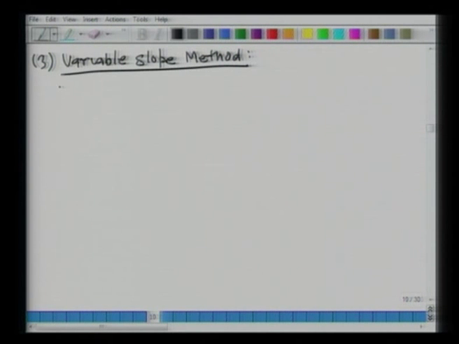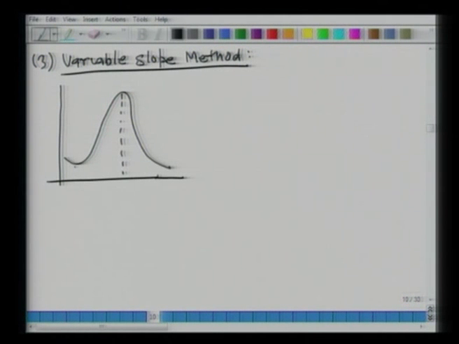In this, what we do is we extrapolate the previous hydrograph, get the point of intersection like we did earlier, and then we also extrapolate the next hydrograph.